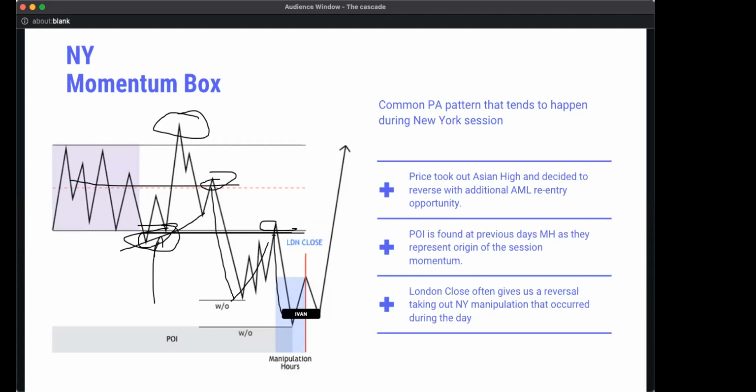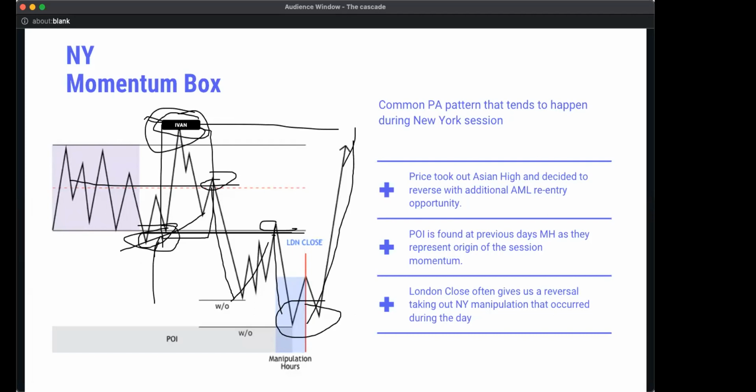And then we have New York's job to take out the previous session, and that's London's momentum box high here. That's its job, and it will do that in the future.